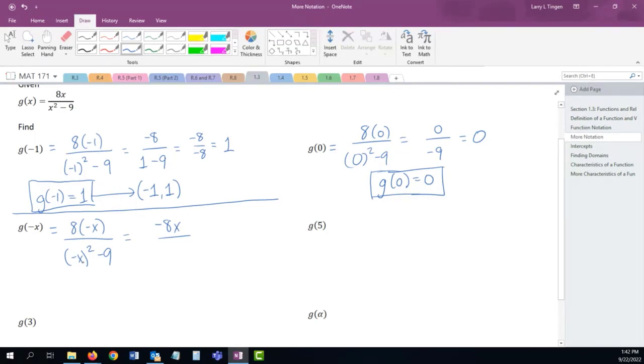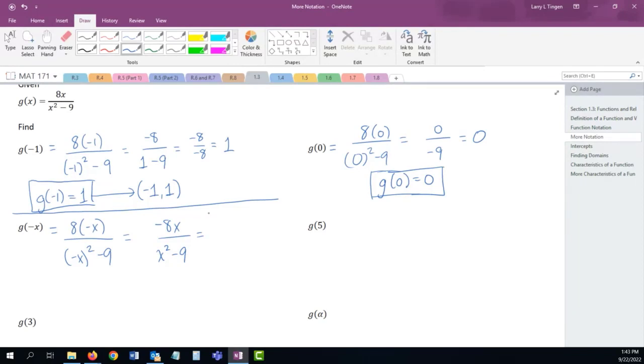In the denominator, though, I've got -x squared. So -x squared just becomes x squared. What's happened here is that my denominator is not impacted by the negative sign on the inside of the x, because the x term is raised to an even power, right? The denominator comes out exactly the same as it was.